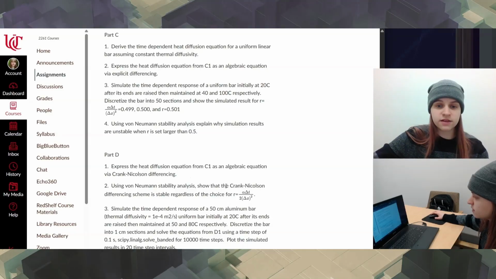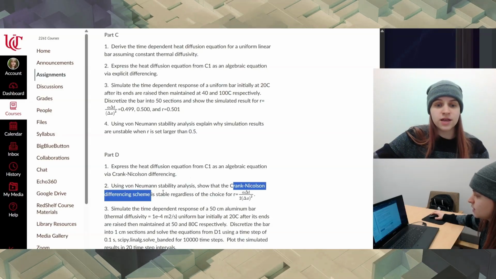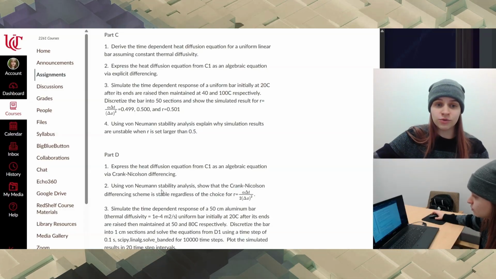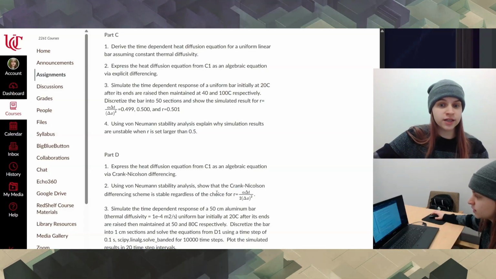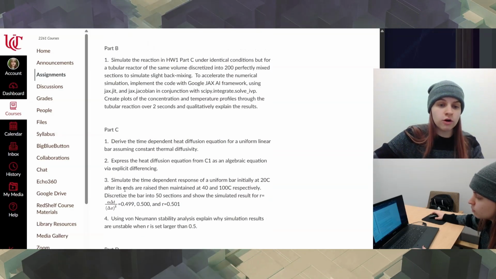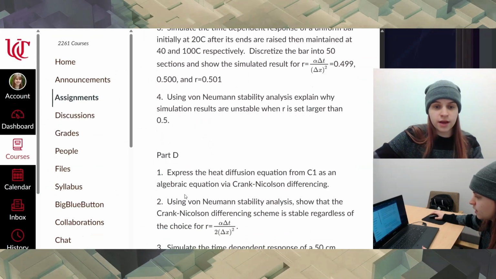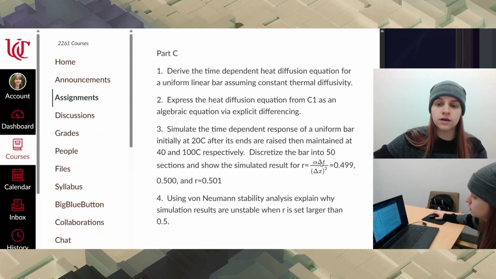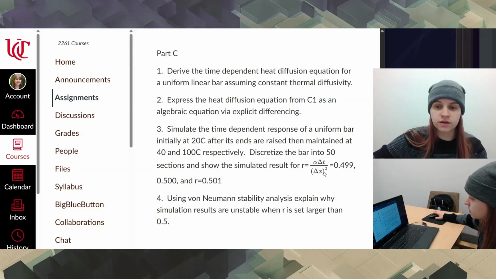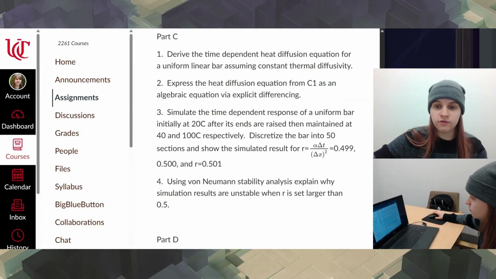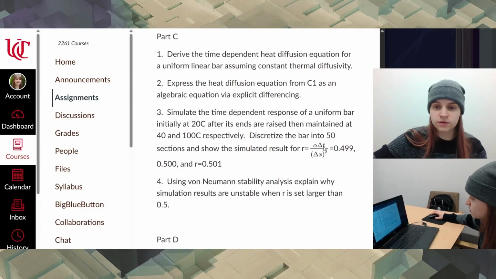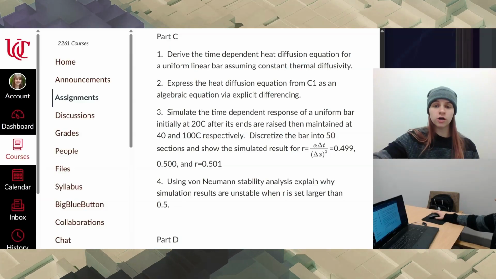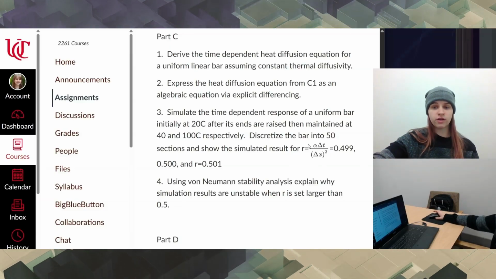And the point of this is that the Crank-Nicolson differencing scheme is stable regardless of the choice for R, which is obviously a huge benefit. The main thing with this R is that R is equal to the thermal diffusivity multiplied by delta T over delta X squared. So if we want to use larger time steps, we need to have a larger R because they are directly related to each other.